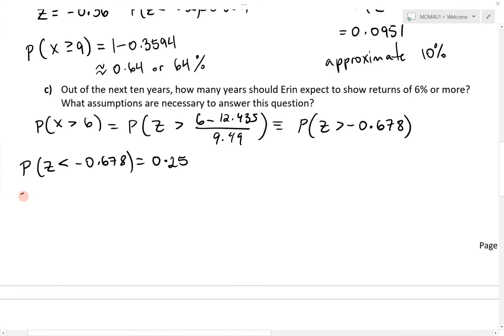So the probability that z is greater than negative 0.678 would then be, by the indirect method, 1 minus 0.25, which is equal to 0.75.